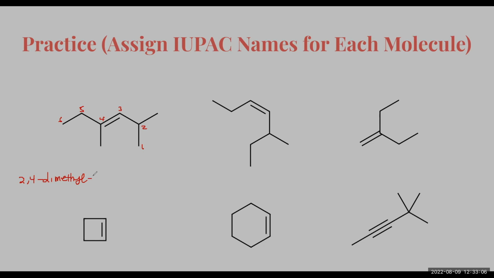Before that, I'm going to want to indicate where the alkene is. The alkene is on the 3rd carbon. So I can put 2,4-dimethyl, and then 3 to indicate that's where the alkene is, and then we'll say 3-hexene.